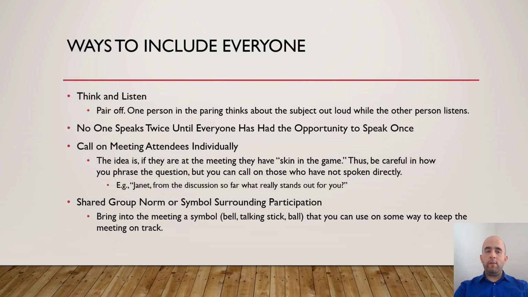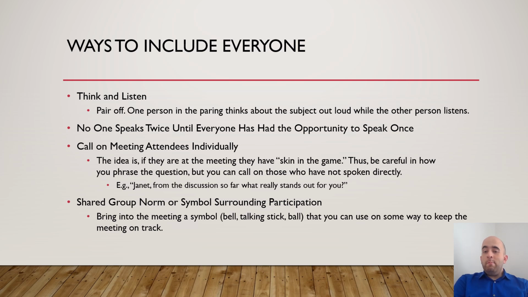Here are some other defined ways that you can include people, and much of the slide is self-explanatory, but the one thing I really want to stress are these last two. When you call on people individually, you've got to make sure that you're not saying they should have an opinion or something to offer.